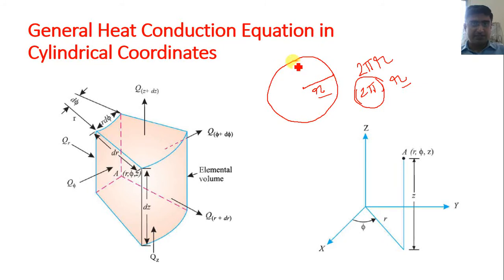If the angle becomes pi by 2, then the value of this arc is equal to pi by 2 into r. So in a very simple manner, the value of an arc or a curve is the product of its radius and its angle.